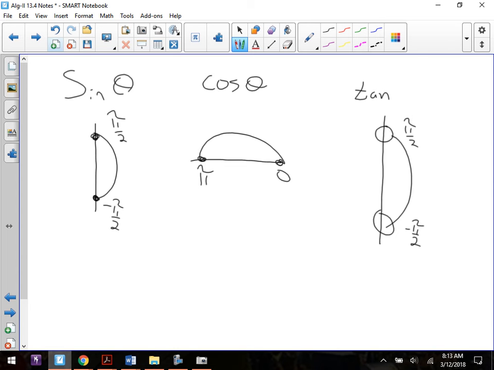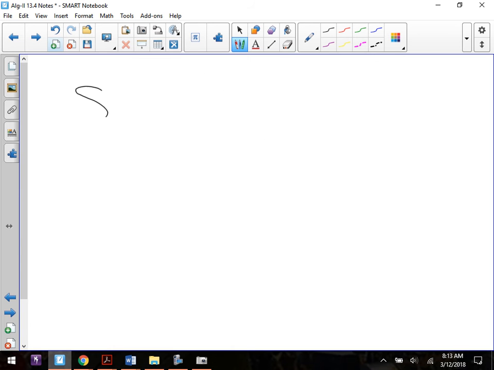So, for example, if I want to go real basic, and I ask this question: what angle has a sine of root 3 over 2? Is that going to be in the first or fourth quadrant for sine? First, because it's positive.